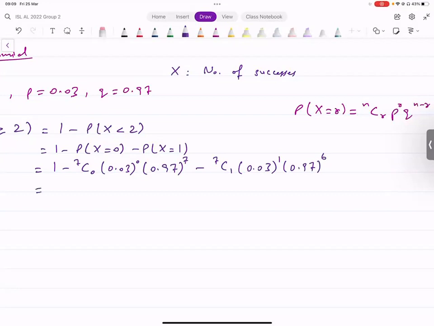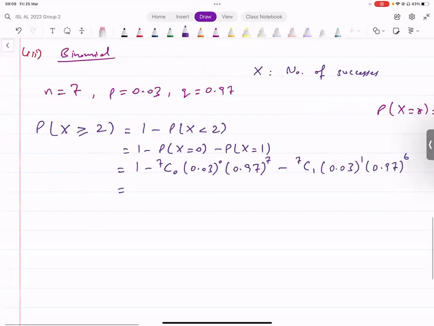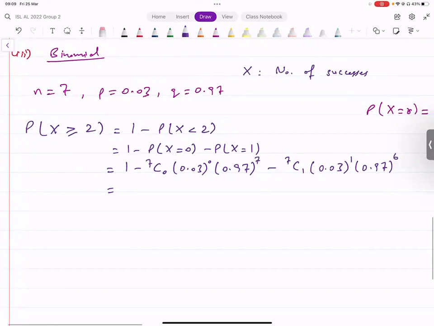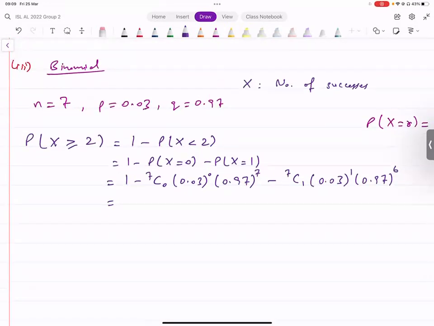You can evaluate this and see what you get. ये क्या आता है? सर मैं कर रही हूँ। 0.017.